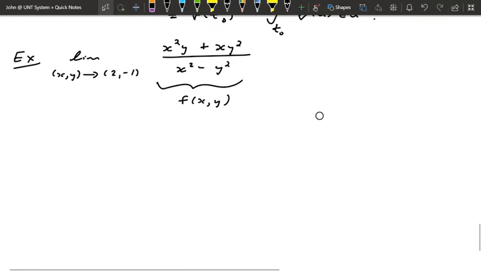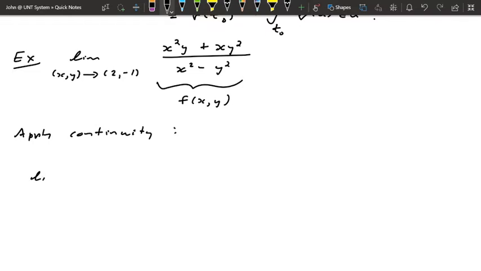So to take this limit, we just apply continuity of the numerator and the denominator. So the limit is going to be equal to just substituting in x equals 2, y equals minus 1.